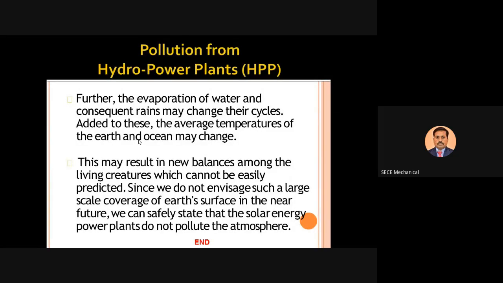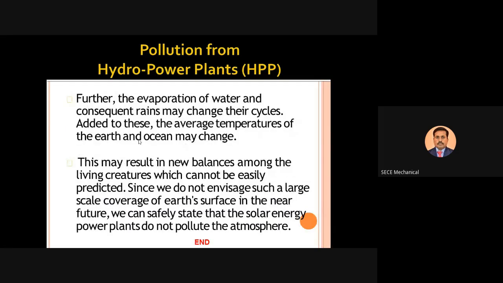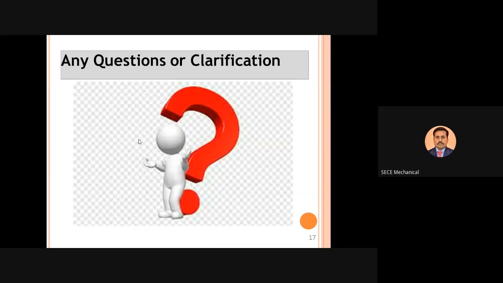So we can safely state that solar energy power plants do not pollute the atmosphere. If we provide the solar collectors in small portions with gaps, instead of a large coverage area on the earth's surface, we can minimize this kind of effect. This is the way we can control pollution through solar energy.